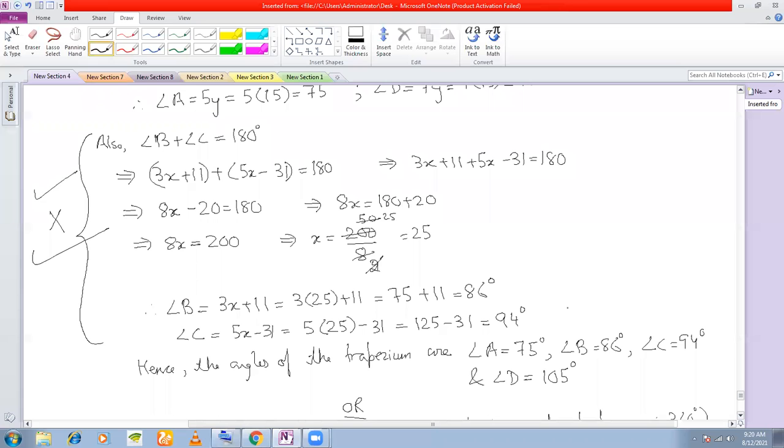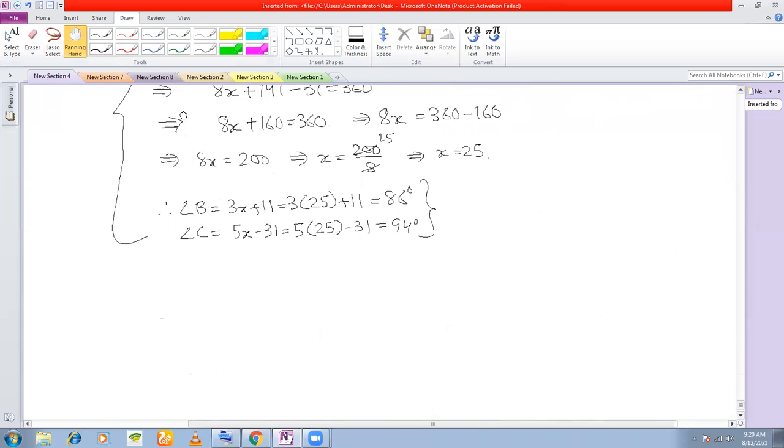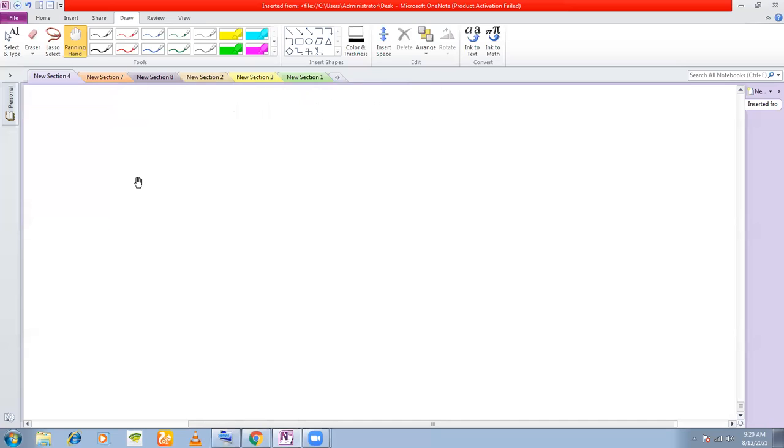So we continue with the next type of trapezium, which is called the isosceles trapezium. This is a special type of trapezium. Just as you have special types of parallelograms, rectangle is a special type of parallelogram, then rhombus is a special type of parallelogram, in that way isosceles trapezium is a special kind of trapezium.